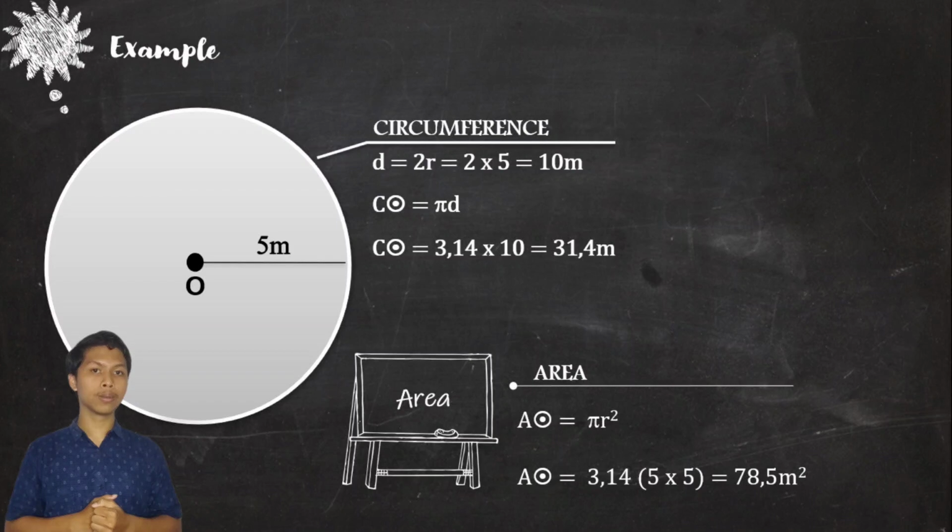A equals pi times r squared. We start by squaring the radius. 5 meters times 5 meters equals 25 square meters. Then we multiply by pi. 25 times 3.14 equals 78.5 square meters. That's the area of this circle.